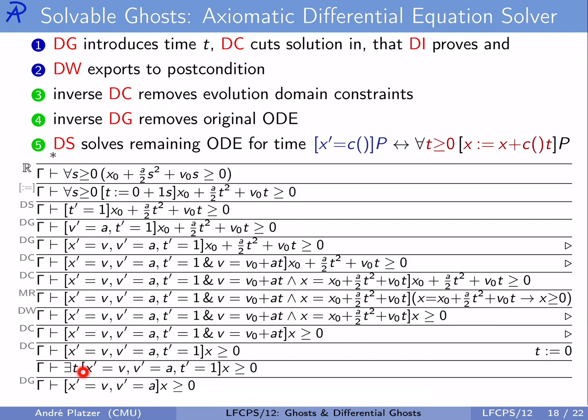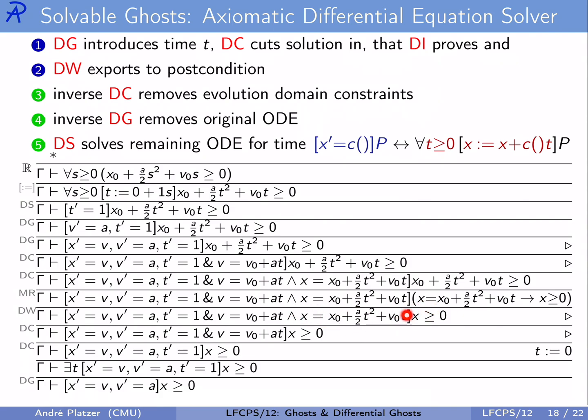That's just a differential ghost use. We can make sure the new time variable starts as a convenient value 0 just by using that as a witness. And then with a differential cut, we plug in the solution of the velocity. Having done so, when we prove it on the side, we plug in the solution of the position. Of course, we prove it on the side.